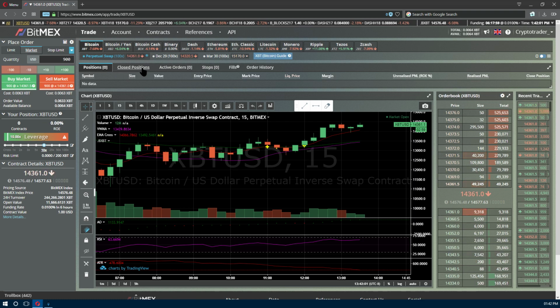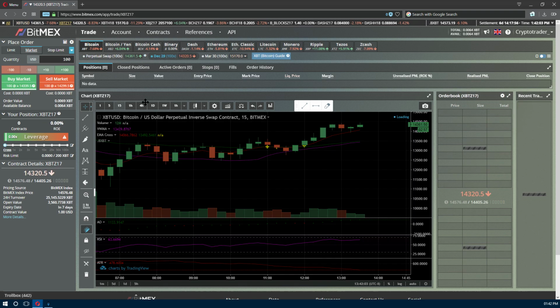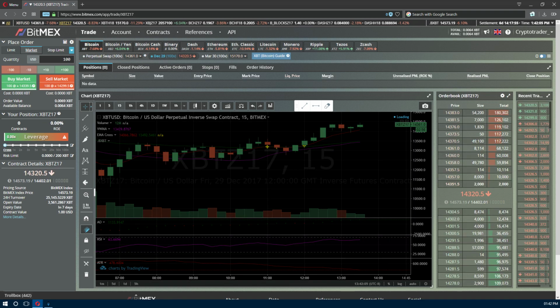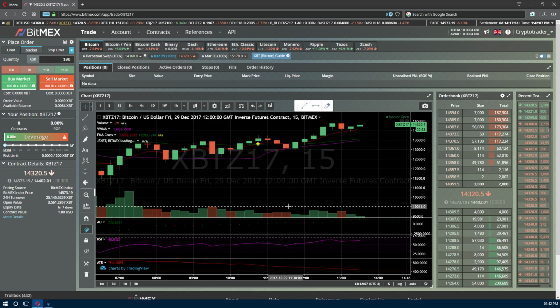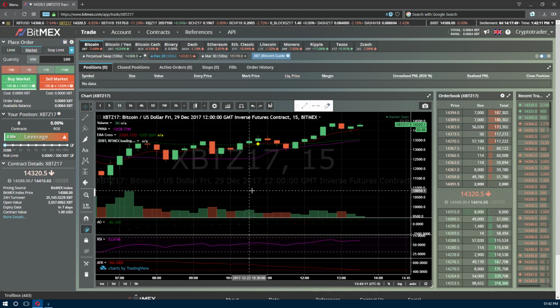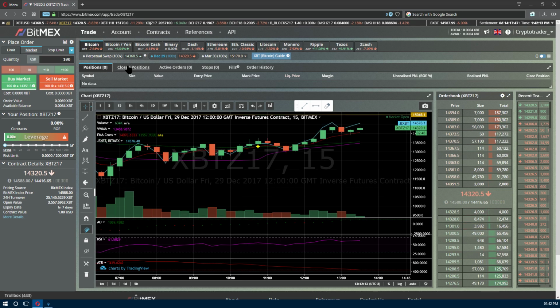So best to go trade this futures contract, which is right here. Here is the inverse futures contract. It has no interest or anything like that. But if I do decide to go short, I'm going to go over here and trade this perpetual swap. And here's 900. Got it.